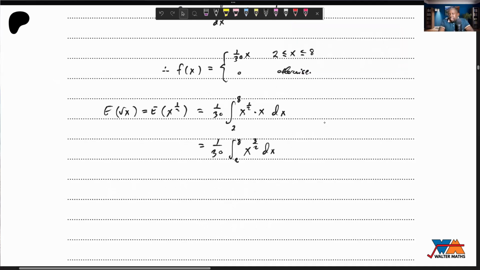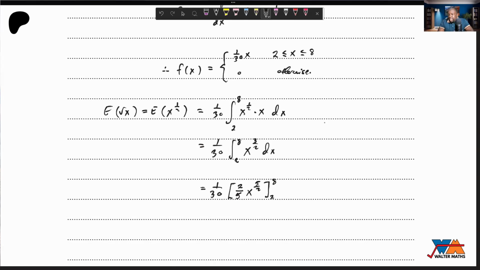What that gives us is 1 over 30 of 2/5 of x to the 5 over 2, from 2 up to 8.